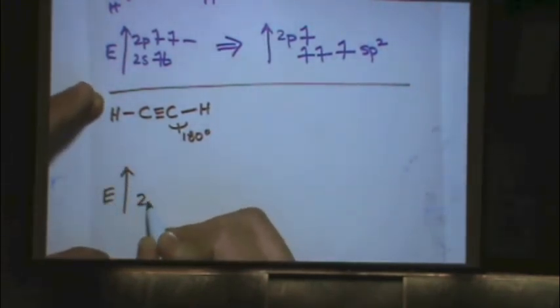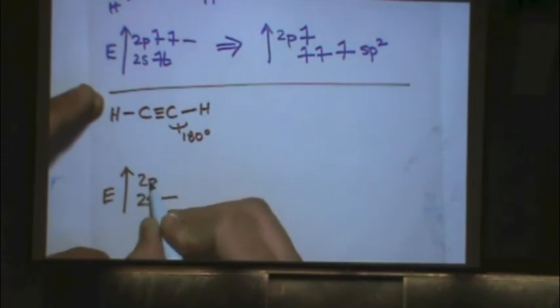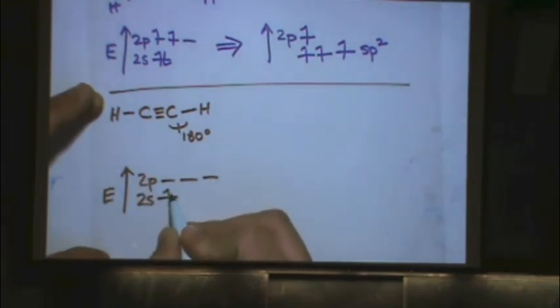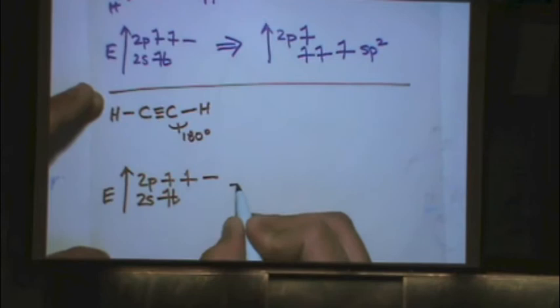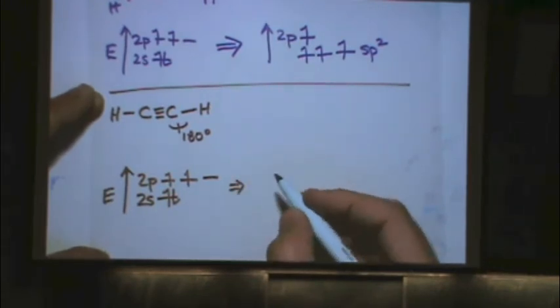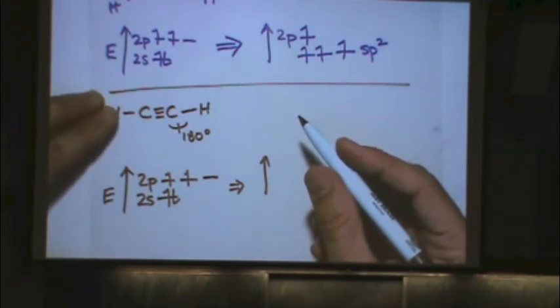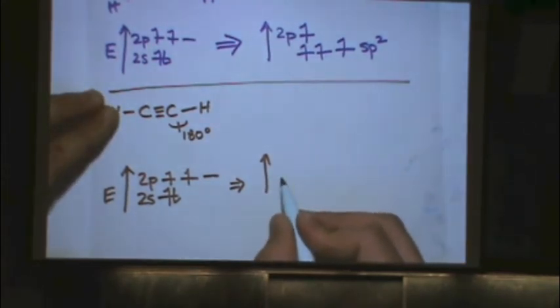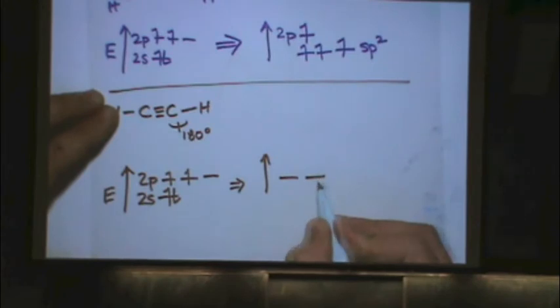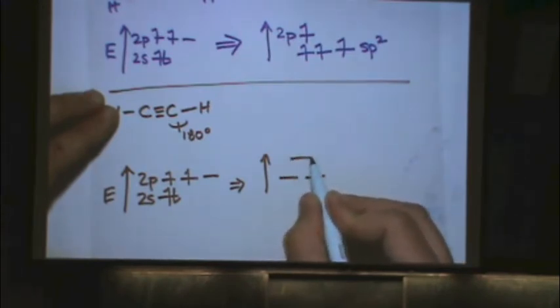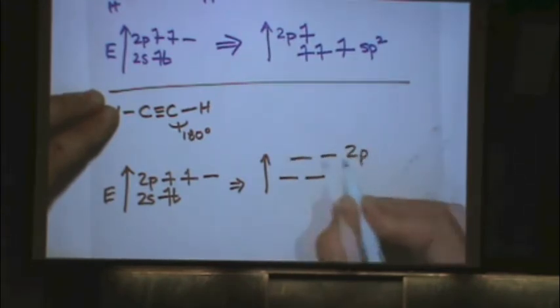Again, the starting point is the same. We have a carbon atom that's unhybridized, 2s2, 2p2. And we say, okay, how can this hybridize in order to get these kinds of bond angles in this kind of shape? Well, what we say is one of the s's and one of the p's hybridize, and the other two 2p's stay the same.